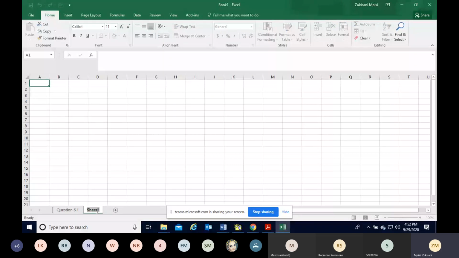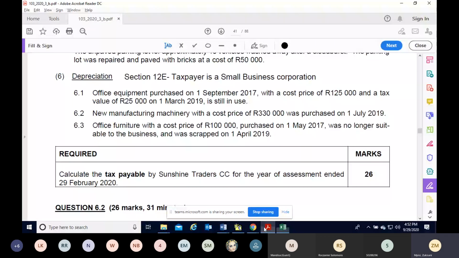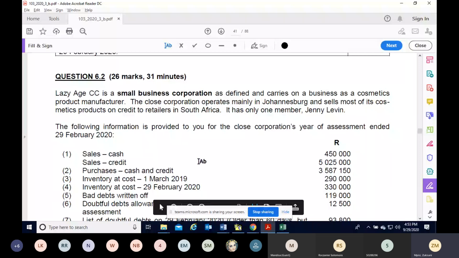Right, let's look at question 6.2 quickly. Question 6.2, we are still dealing with a small business corporation as defined.